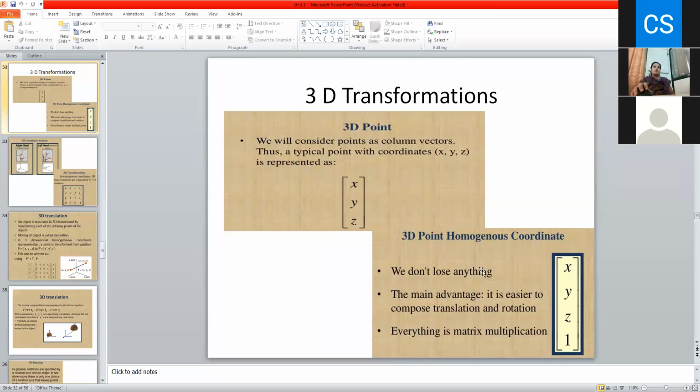Similarly, the homogeneous coordinate system can be represented in a similar manner as in two-dimensional transformations. There x, y, z are as they are, and 1 indicates the overall scaling factor. So either you can write it in 1 column with 4 rows, or 1 row and 4 columns, for the homogeneous coordinate system also.